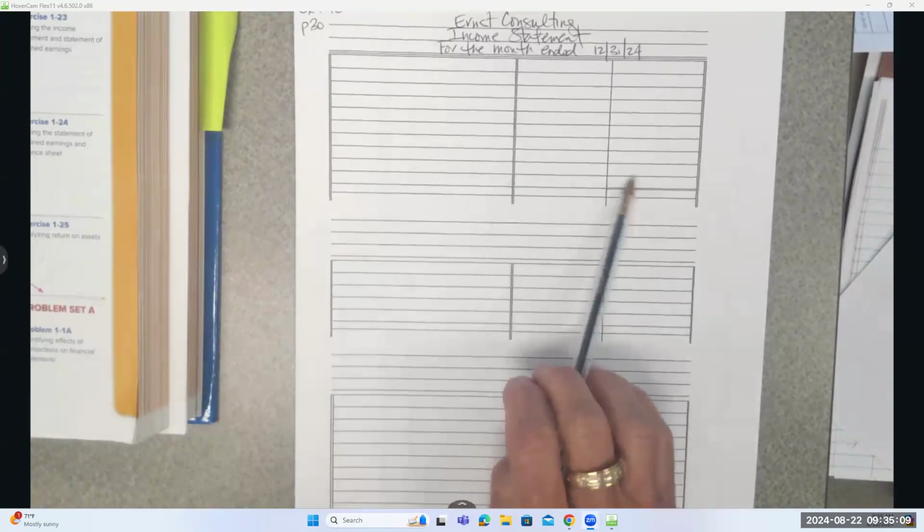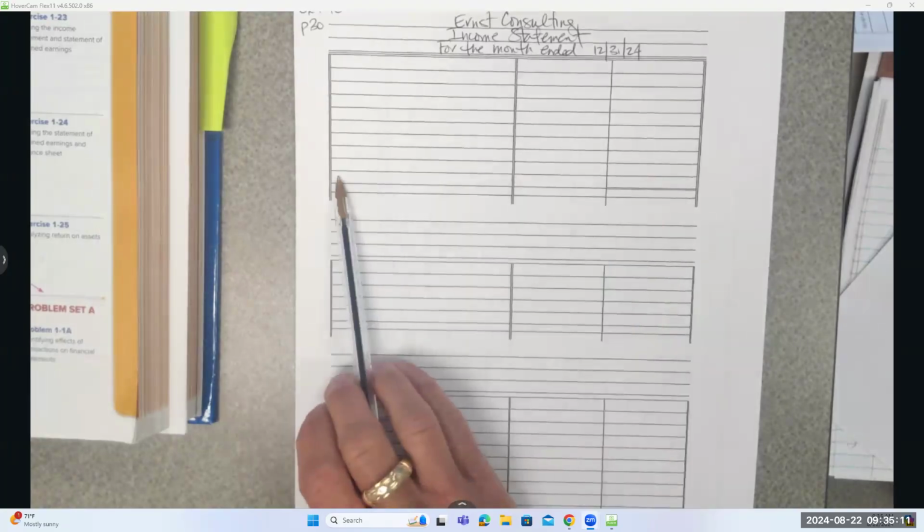And I emphasize that because when you get into Connect, if you get to the end of your financial statements and it just says answer is not complete, it's not very helpful because it doesn't tell you what's missing. If you can't figure it out, you can email me or Jill and we can see what it says. But once you get this net income figure, you have to write net income.